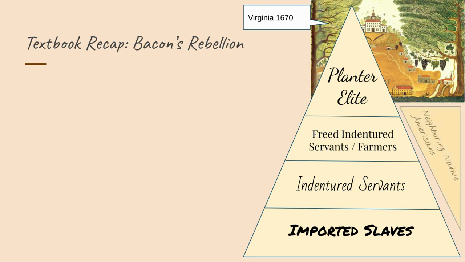I would even go so far as to say that outside of this Virginia social pyramid, we can also include the neighboring Native Americans. While they're not obviously included within how the structure of Virginia colony is developing, they are very much involved in how the colony is developing, even though they're not part of the pyramid itself.